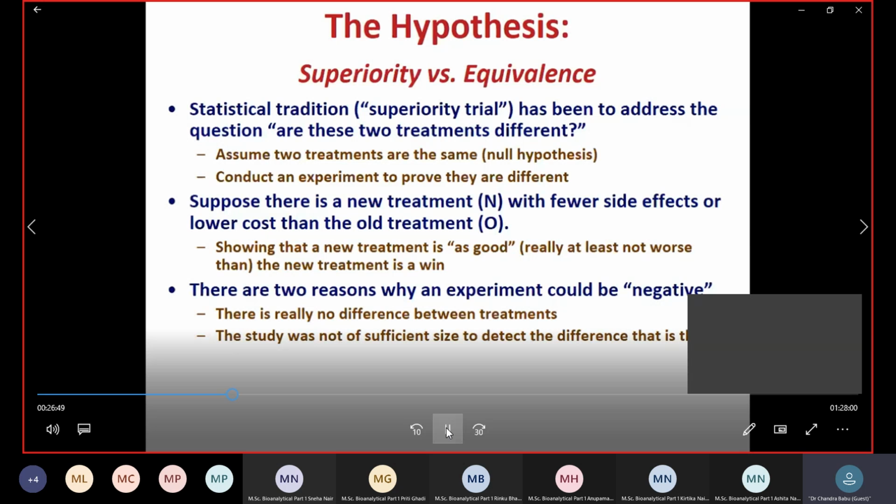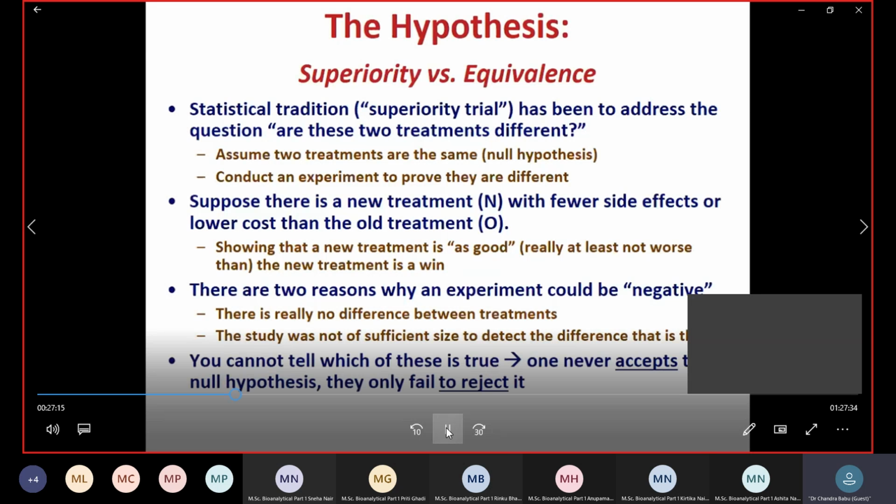And the second reason is I didn't have enough people in my study to see whatever difference was really there. There's no way on earth you can know which one of those is happening. Once you do a superiority trial and there's no difference, you can never know which one of those two things happened. It's impossible. You cannot tell which is true.